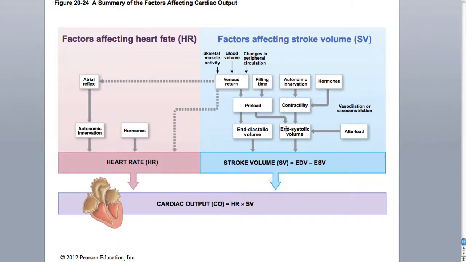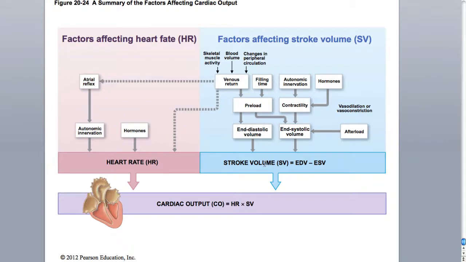And a higher end systolic volume means I'm going to have what when I do this? A larger number here, smaller number here would mean what? Less stroke volume. Let's do the math. If I had a number 2 here, so 2 minus 8. 2 minus 8 would give you a negative number, a smaller number. That means you'll have a low stroke volume.